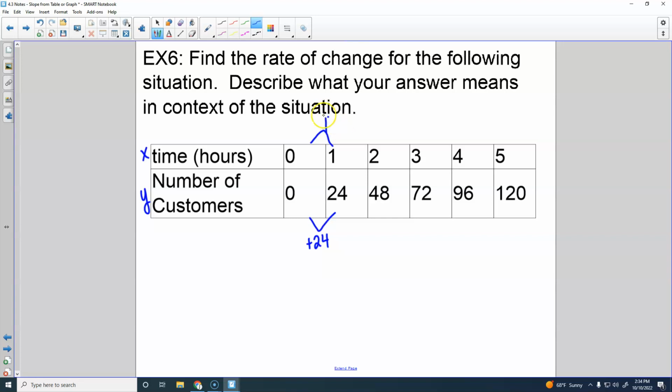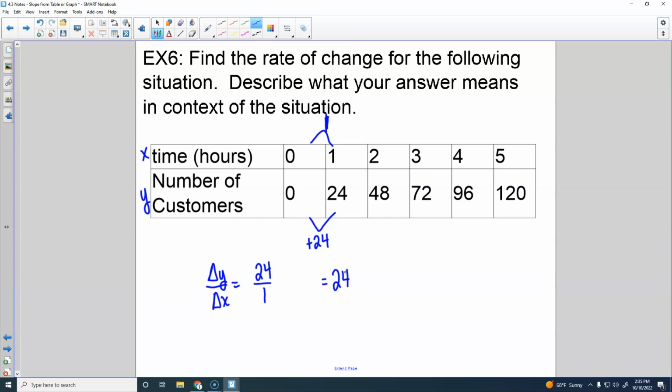All right. So, in this particular case, I've got my change in Y over my change in X is 24 over 1. So I'm getting 24 as my answer. 24 what? What does that tell us?